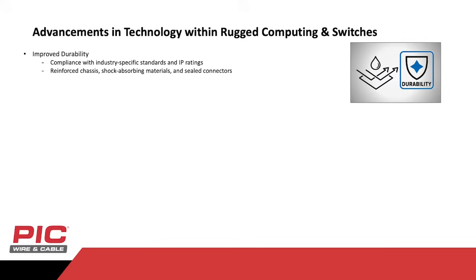They often comply with industry-specific standards such as MIL-STD-810G and IP ratings for dust and water resistance. Enhanced ruggedization techniques, including reinforced chassis, shock-absorbing materials, and sealed connectors, all contribute to their ability to withstand harsh physical conditions, such as drops, vibrations, and exposure to water or dust.